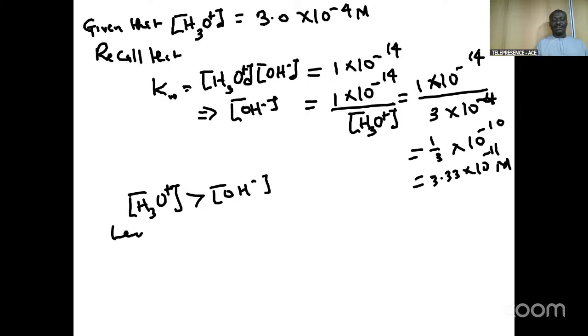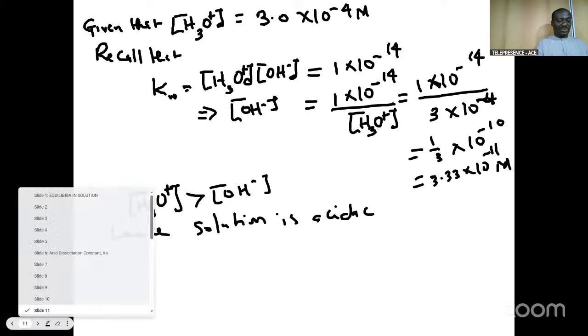Hence, the solution is acidic. Okay? So that's a very simple question, just to illustrate everything I've been saying so far. Let's make progress.